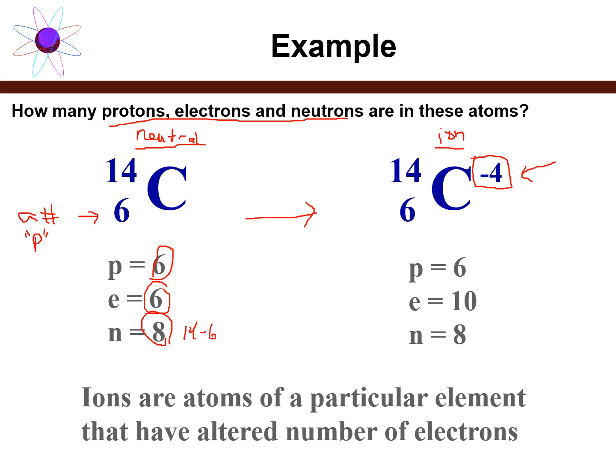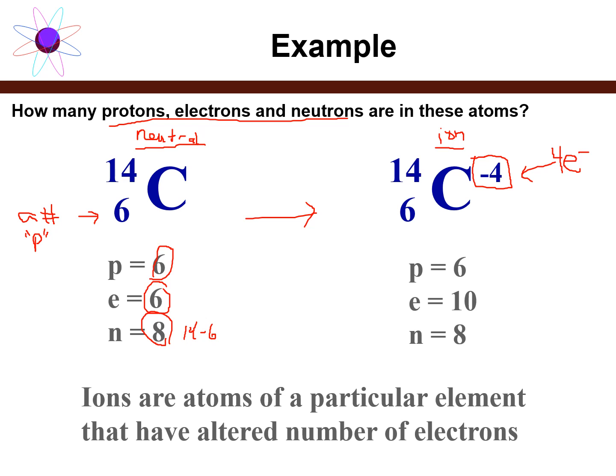Now our ion has this -4, and remember, ions vary in the number of electrons. Electrons have negative charges. What this -4 means is this atom actually has 4 extra electrons added onto it. So when you see carbon with a -4 charge, what that means is electrons have been added, which is counterintuitive, but for chemistry purposes, when you see a -4, that means 4 electrons are added.